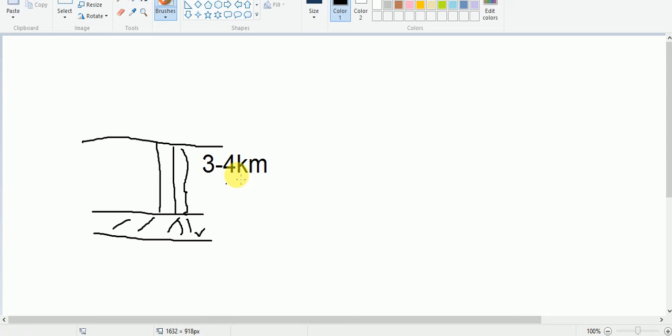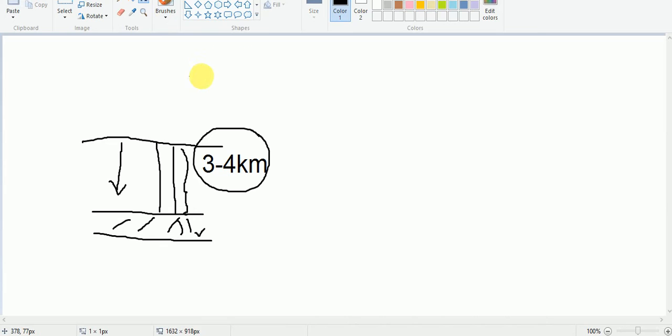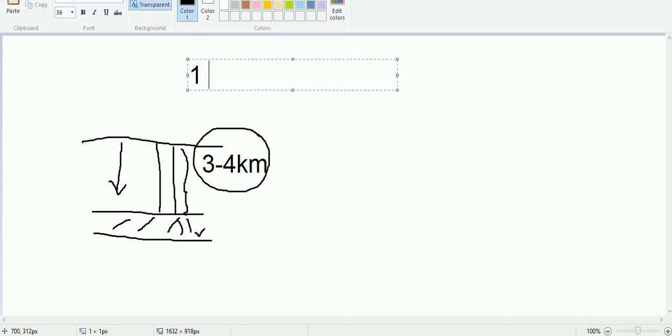However, going beyond this 3 to 4 kilometers is not possible, because as we get down into the Earth interior, temperature increases at the rate of 1 degree Celsius for every 30.4 meters.